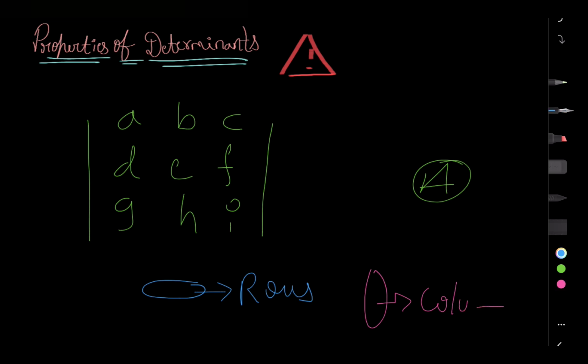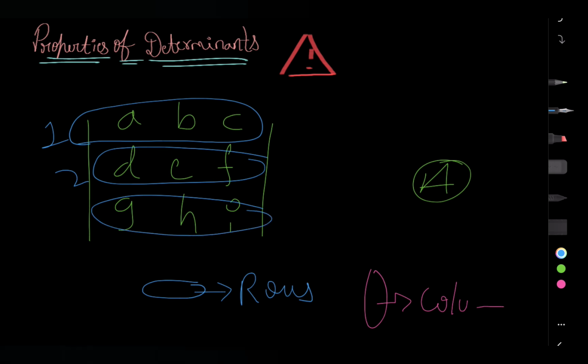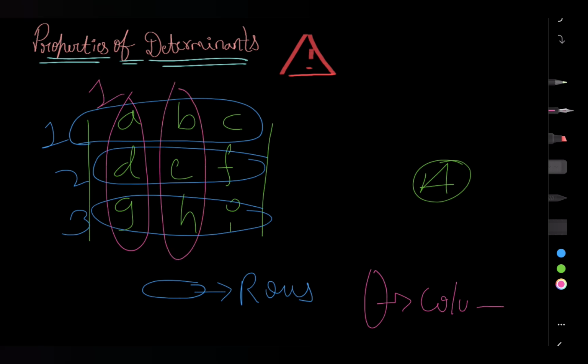Now ABC is the first row, this is the second row, and this is the third row. And this will be your first column, this will be your second column, and this will be your third column.